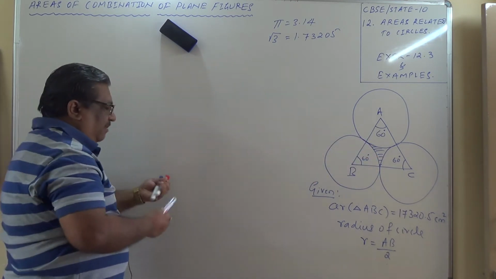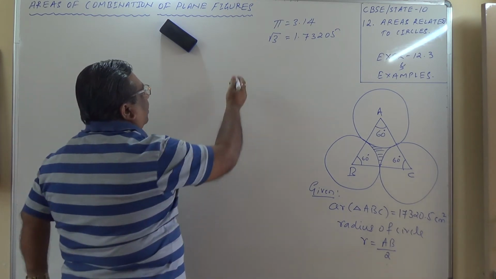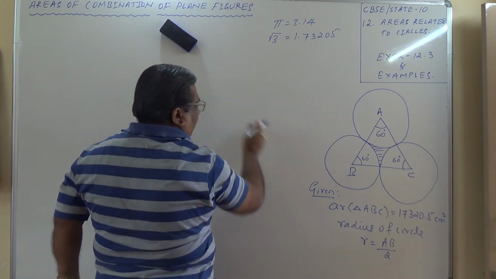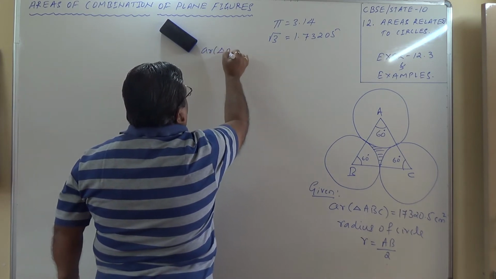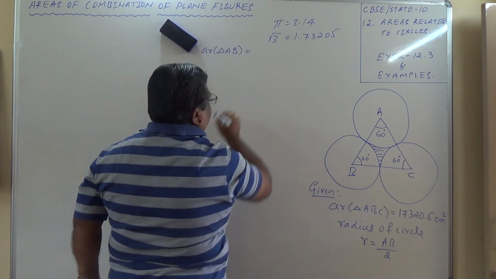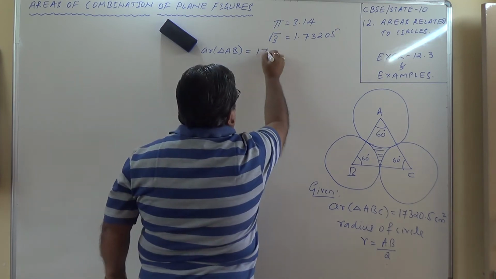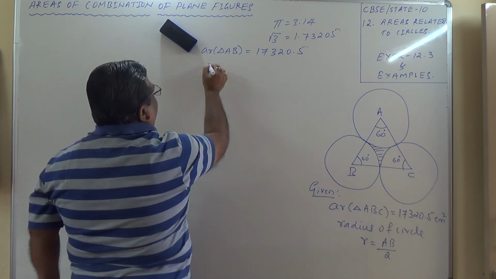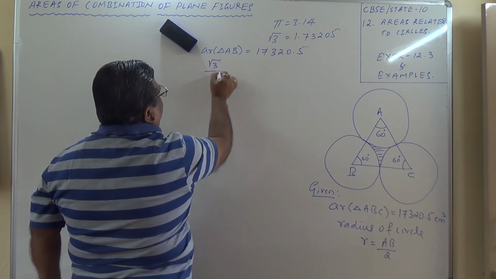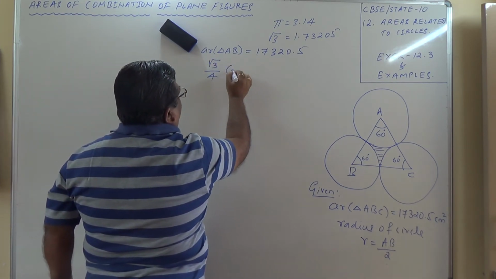So given, already given information I have written, area of triangle ABC equals 17320.5 square centimeter, which is root 3 by 4 times AB square.